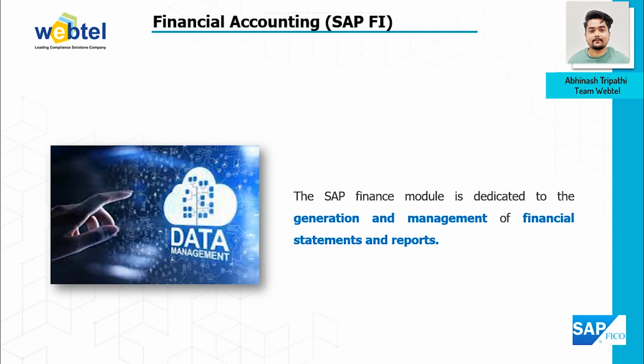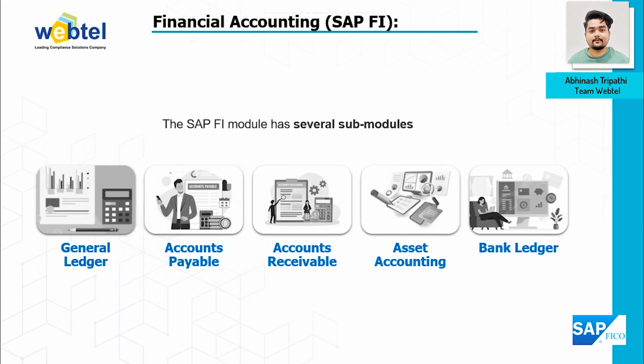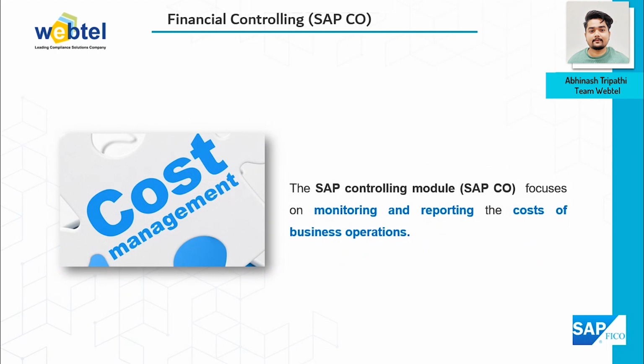The SAP FI finance module is dedicated to the generation and management of financial statements and reports like profit reports, loss reports, balance sheet and all. The financial accounting module has several sub-modules like general ledger GL, accounts payable, accounts receivable, asset accounting, bank ledger, automatic payment program, etc.